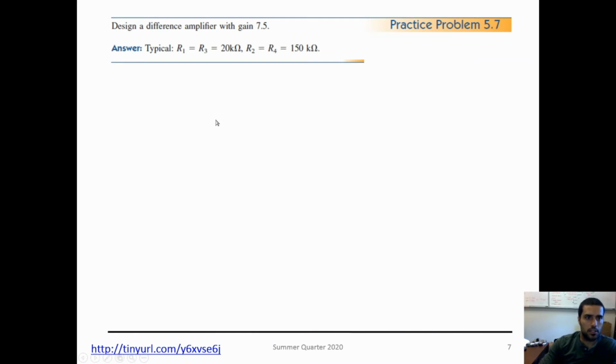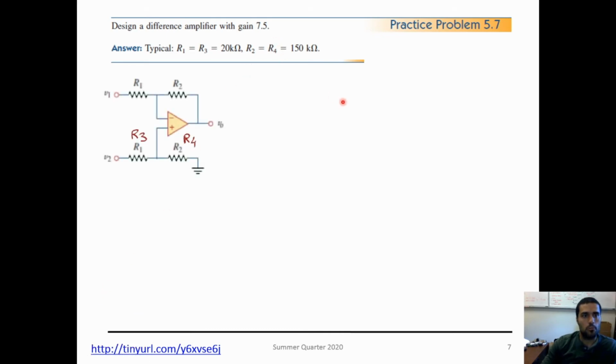Now this one is slightly different. In this exercise, we need to design the amplifier to have a gain of 7.5. So I want a differential amplifier. I use the table from the beginning, and this is the differential amplifier circuit, which has this equation.